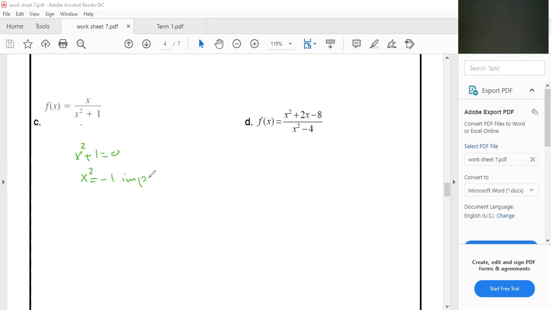Impossible. Clear? Impossible to be 0. So there is no vertical asymptote of this function. Clear or not clear?